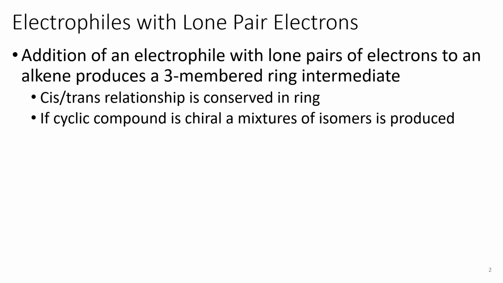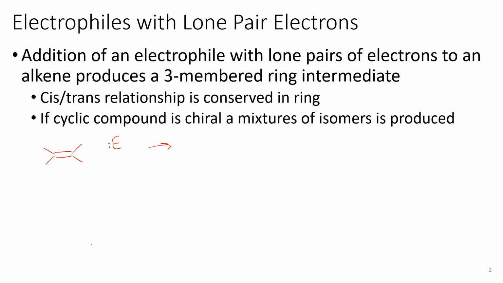If we have a cyclic compound that is chiral, we end up producing mixtures of isomers as well. So if we get ready to look at this mechanism, we will start off with our alkene, which again, remember, is the nucleophile. It's the electron-rich portion, so it is going to react with an electrophile. But unlike the electrophiles we saw in previous chapters, this electrophile is going to contain a pair of electrons.